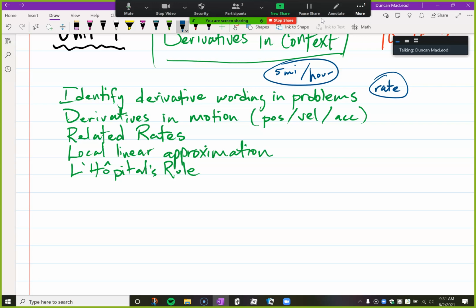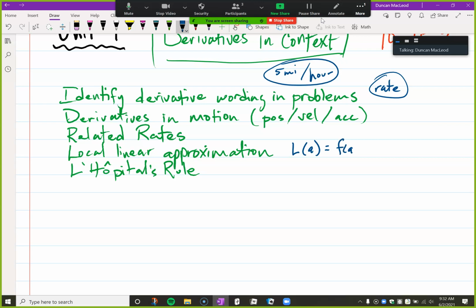Local linear approximation was a method for estimating a location on a line if you don't have values. So you use the slope and an x value to do it. I don't remember the formula off the top of my head. I feel like it's something like L of a is F of a.